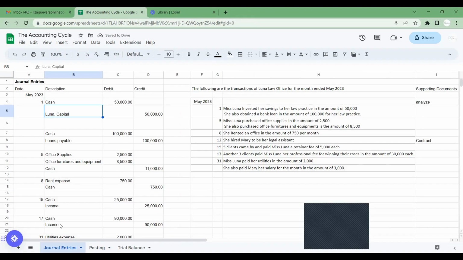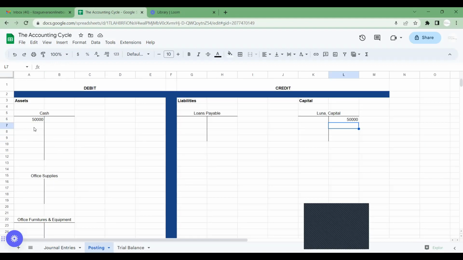Okay. So next we have debit cash 100,000 and credit loans payable 100,000.